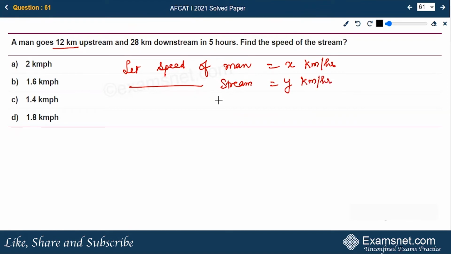So now the question says he goes 12 kilometers upstream and 28 kilometers downstream. In both the cases, he takes 5 hours.